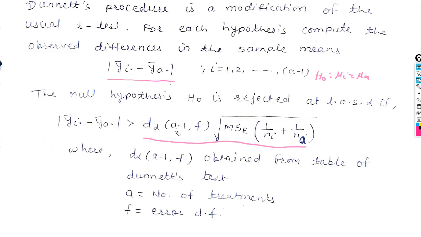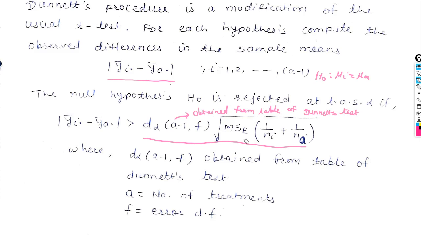This d alpha, a minus 1 comma f, is obtained from the table of Dunnett's test, just like the table of the DMRT test.